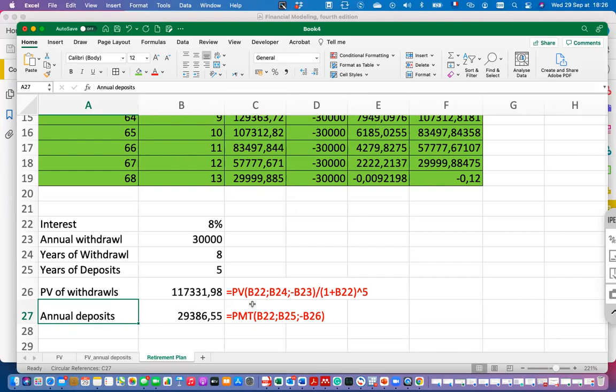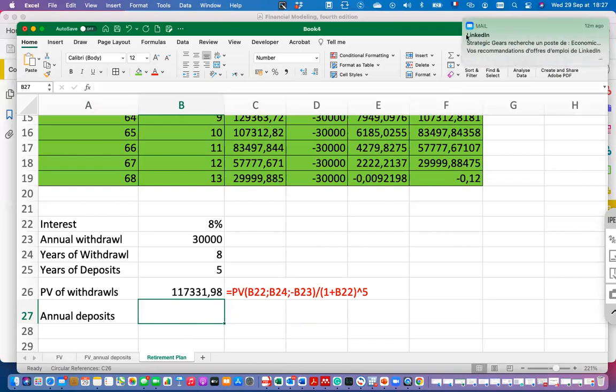Doctor, could you repeat that, the annual deposits? Annual deposits, right? Once you have determined the present value of withdrawals, you go to annual deposits. So we will use the PMT function. Let me just remind you, the PMT function is about finding a constant annuity, which is the case here, which means we are looking for a constant amount of money that we are depositing each time.